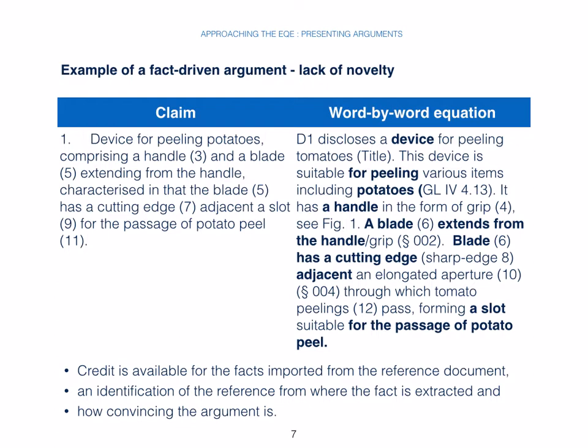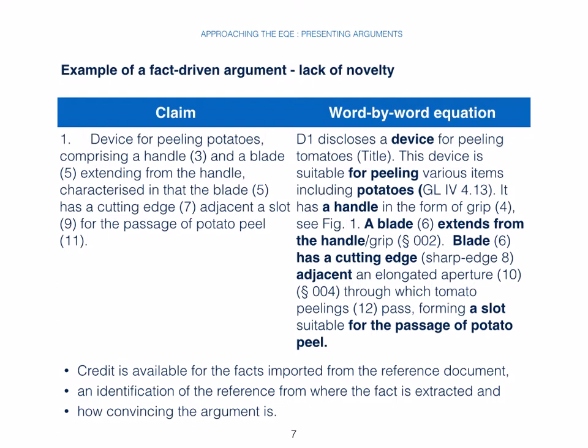On the left, I have introduced a notional claim to a device for peeling potatoes comprising a handle 3 and a blade 5 extending from the handle, characterized in that the blade 5 has a cutting edge 7 adjacent to slot 9 for the passage of potato peel 11. So that's the notional claim that we want to show is lacking novelty over document D1.